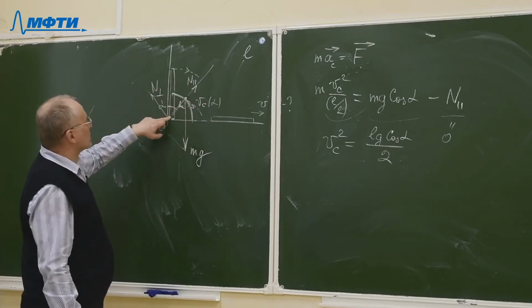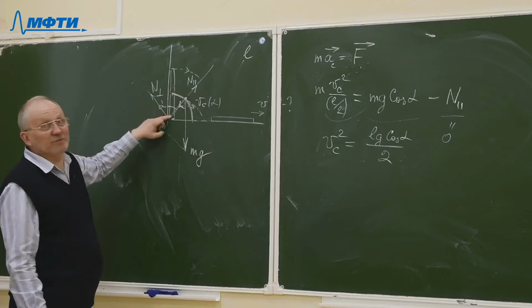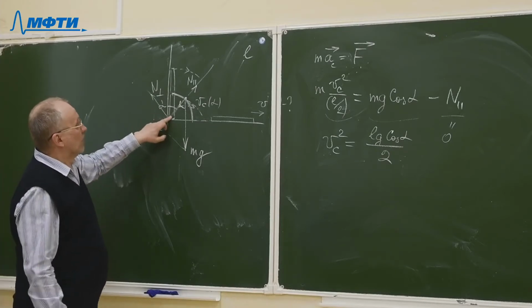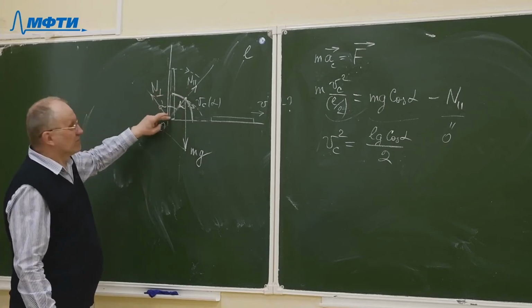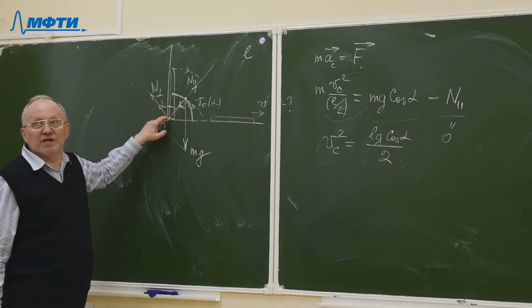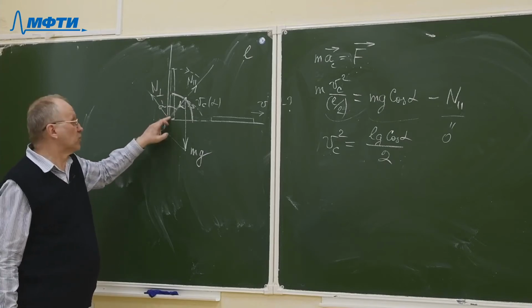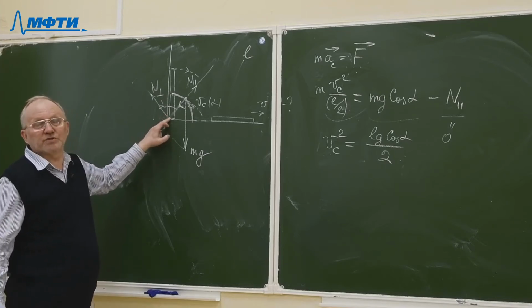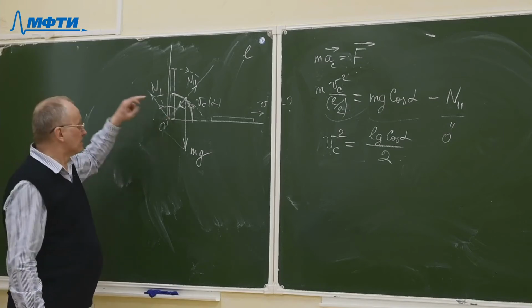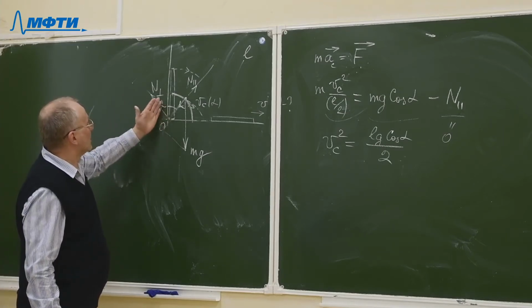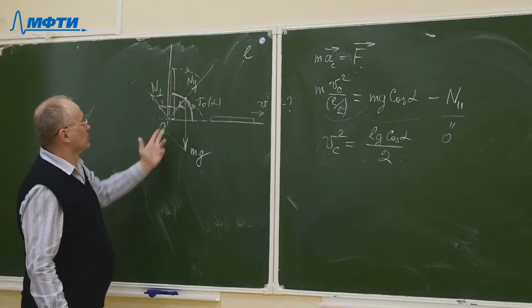Certainly there is some force applied to the plate here, but the point of application of this force N does not move. So this force does not perform any work, because work is force times displacement. And this point does not displace until the plate is separated from the vertical wall.